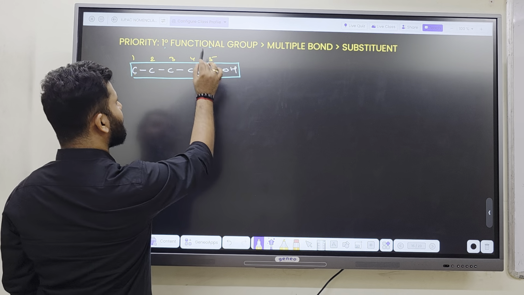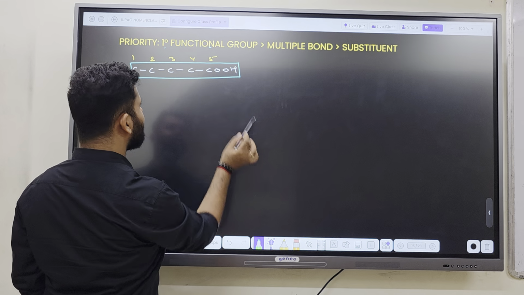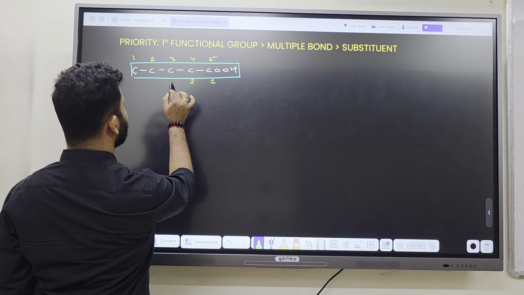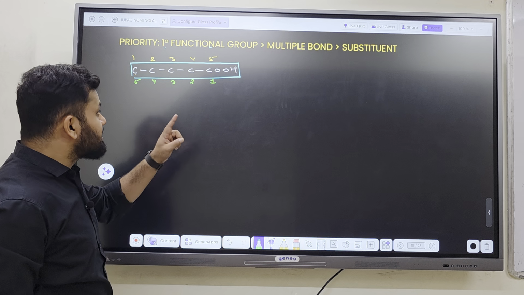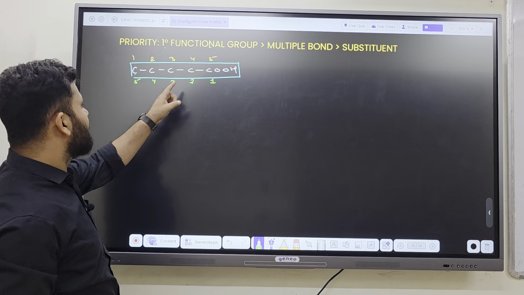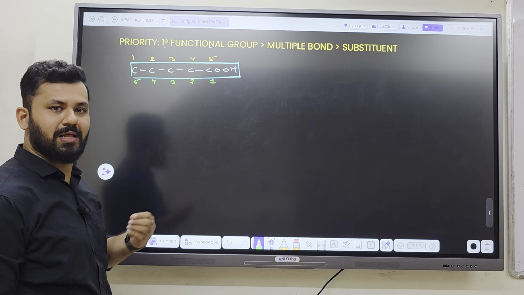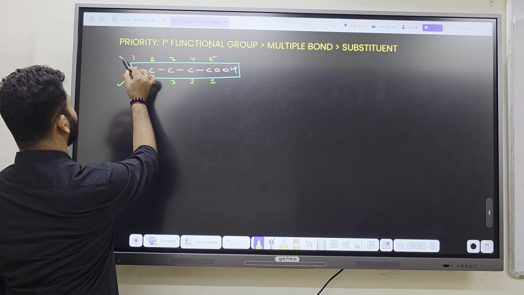So in this case, our primary functional group gets the number 5. Whereas if I go the other way around, that is I start numbering from this end, 1, 2, 3, 4, 5. In the second way of numbering, we are assigning the minimum number to the carboxylic acid, that is 1. And hence, the second way of numbering is correct, the first way of numbering is wrong.